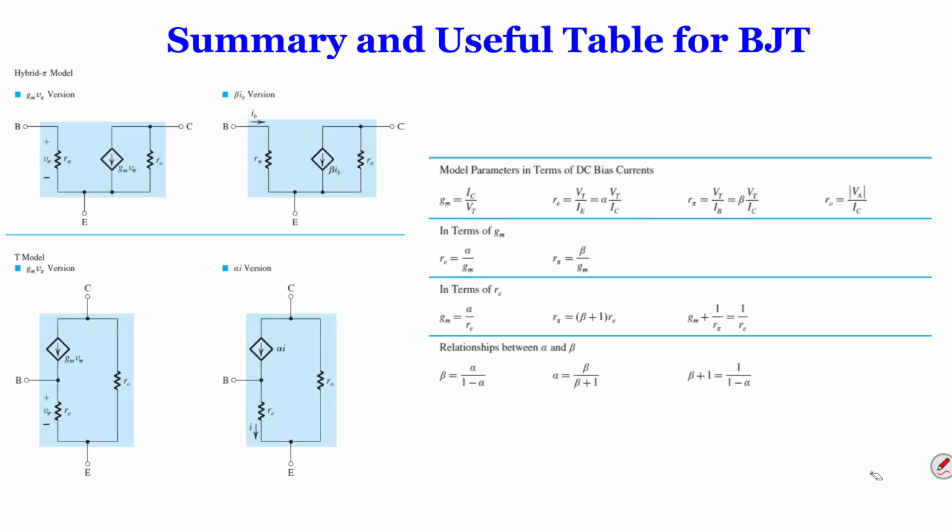Similarly, instead of GM times V pi, you use beta times IB. You know that GM is IC over VT, right? And that's all related through these different relations.